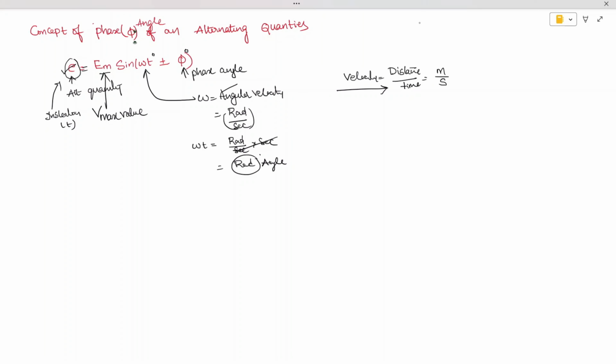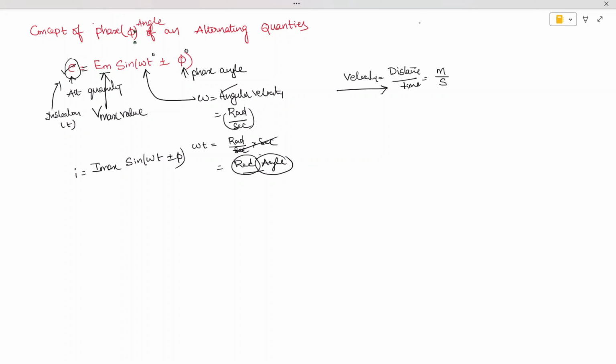It is represented as E maximum, the maximum value of EMF, into sine of omega t, where omega is the angular velocity. Radian per second into second is automatically an angle, plus or minus an angle. This is the proper way of writing the induced EMF. Similarly, current i can be written as maximum current multiplied with sine of omega t plus or minus phi.